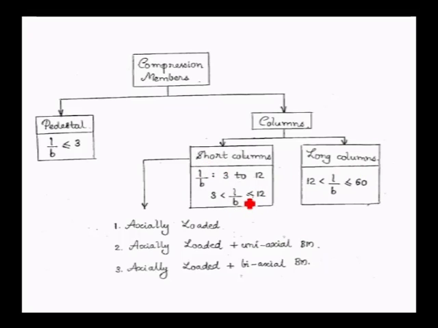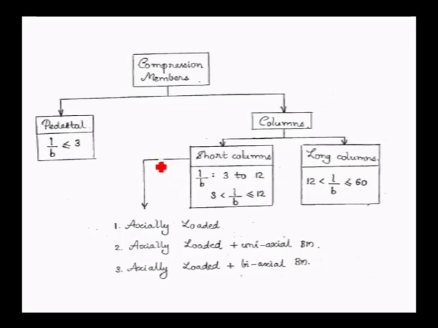How can we define them? By L by B, where B is the side of the column and L is the effective length of the column. If L by B is 3 to 12, then it is classified as a short column. If L by B is between 12 to 60, then it is classified as a long column.